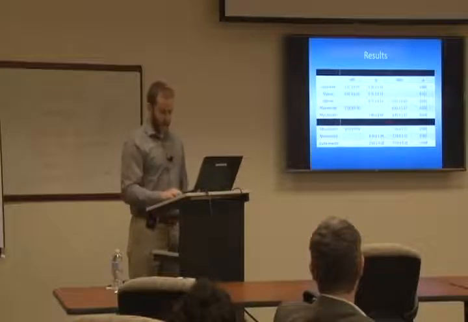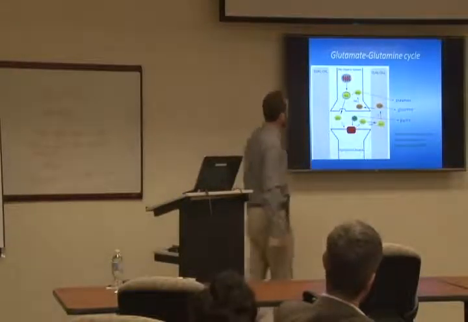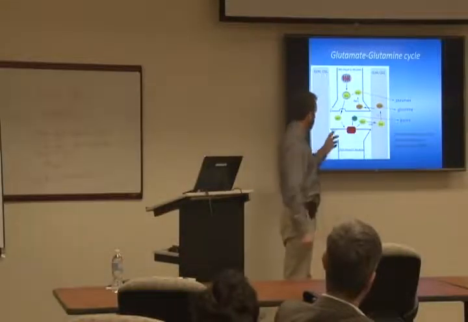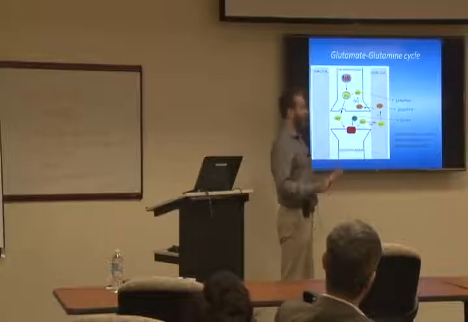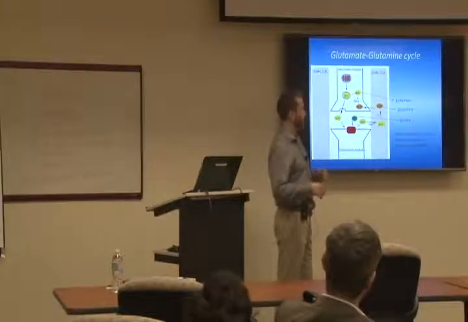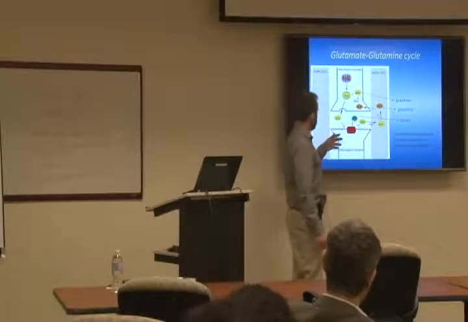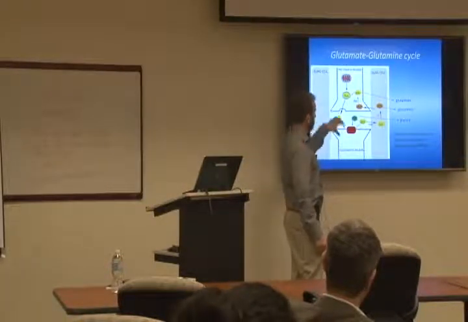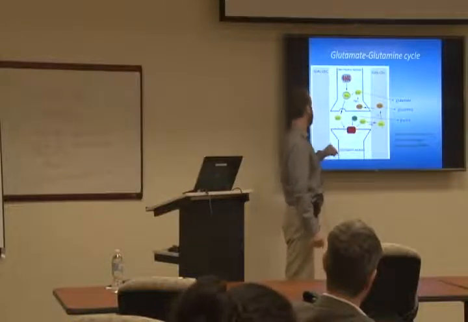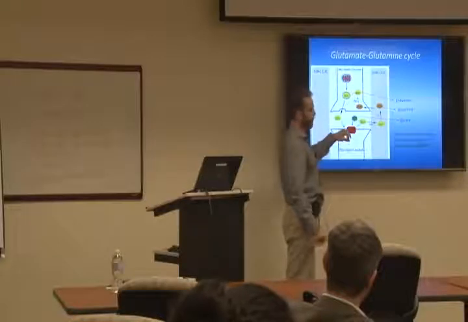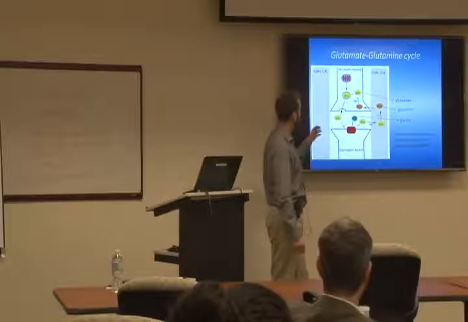The reason that is so interesting is because this is the glutamate-glutamine cycle, and one of the big hypotheses in schizophrenia is the NMDA hypothesis, that it's in a state of hypofunction. So the NMDA receptor isn't working quite so well, and it's inhibiting this whole cycle. If you don't have enough glycine, which is an agonist to the NMDA receptor, it's going to be in a constant state of hypofunction.